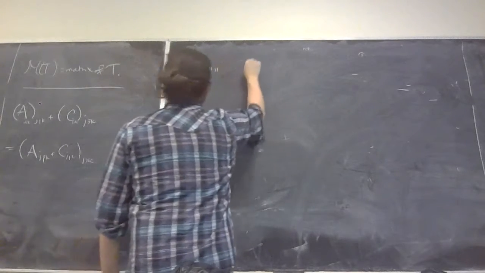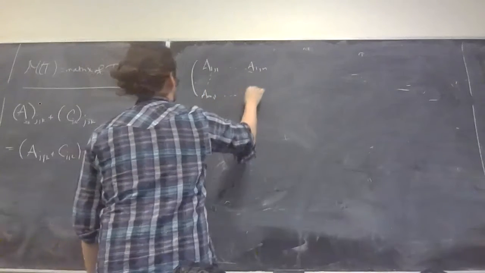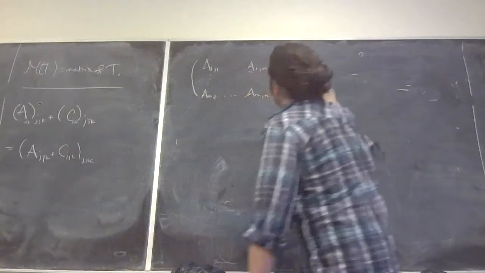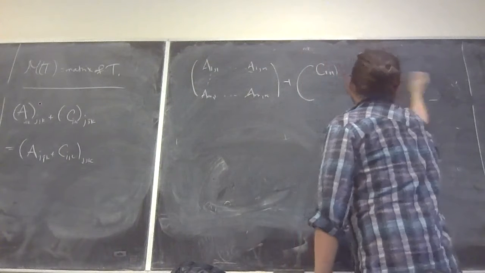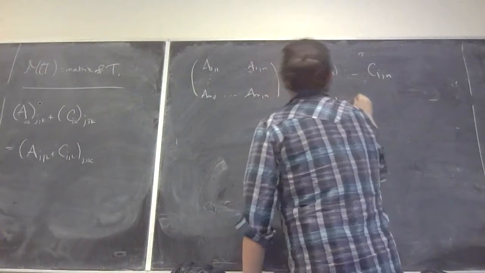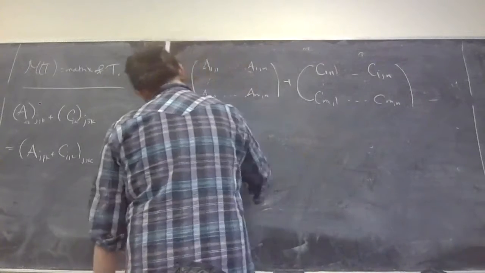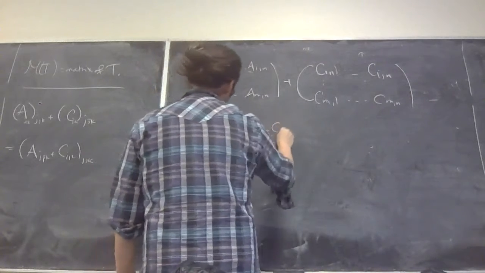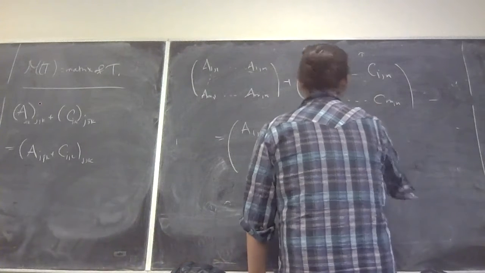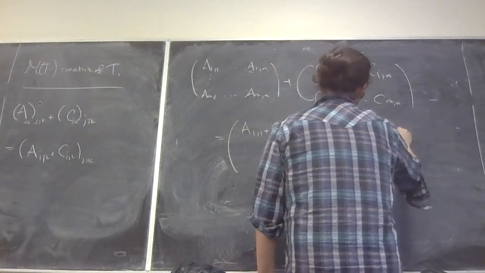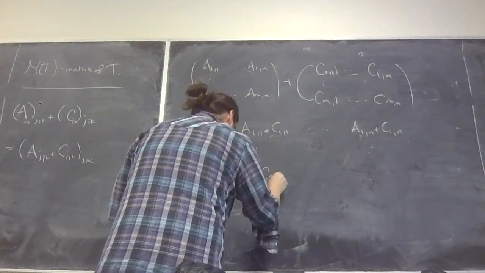A_11, up to A_1n, and down to A_m1, over to A_mn, plus C_11, up to C_1n, down to C_m1, over to C_mn, is equal to A_11 plus C_11, A_1n plus C_1n, A_m1 plus C_m1.